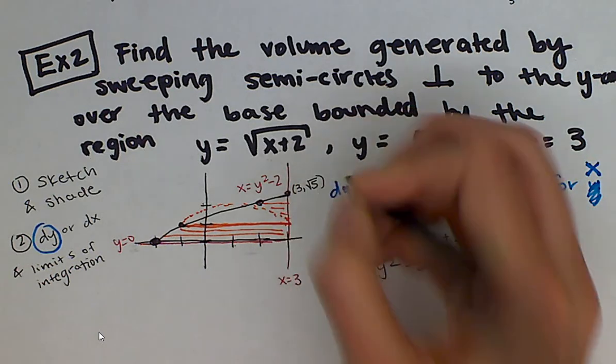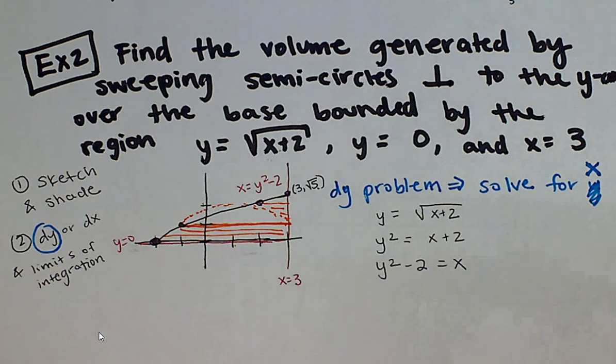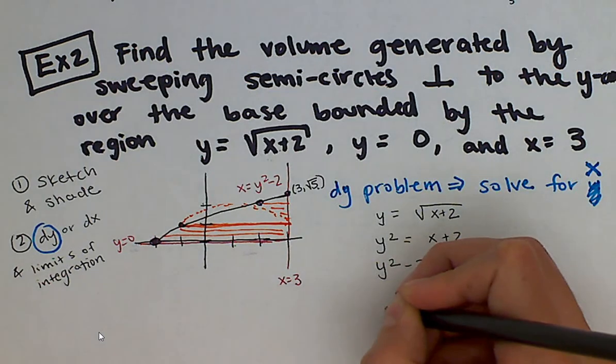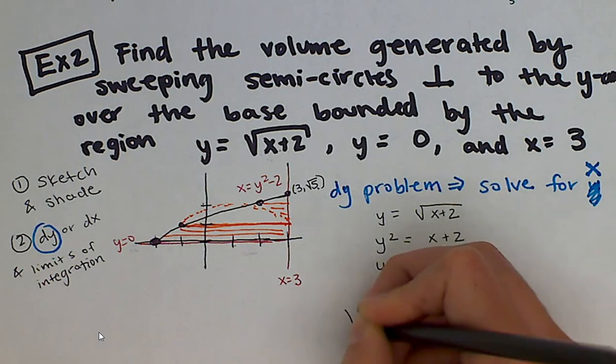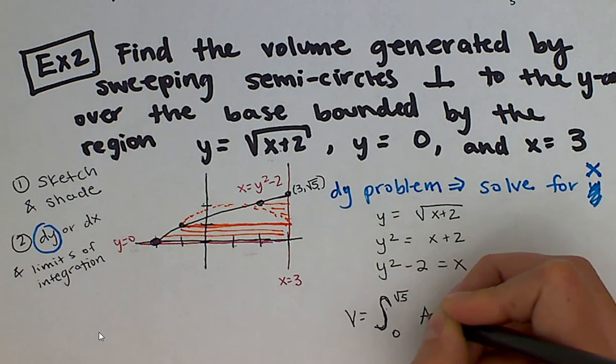So my highest y value is square root of 5. So kind of just to help me remember when I'm integrating, when I'm finding my volume, I'm going between 0 and square root of 5 of a in terms of y dy.